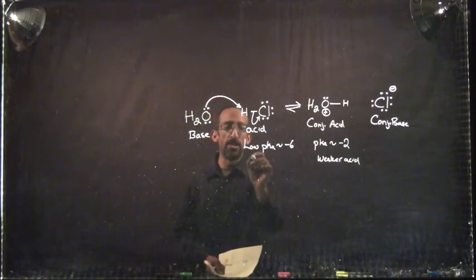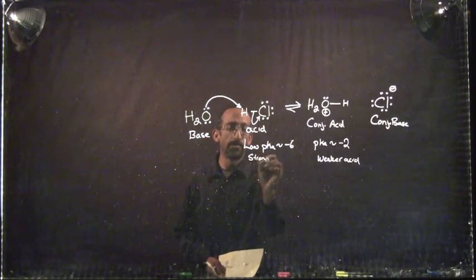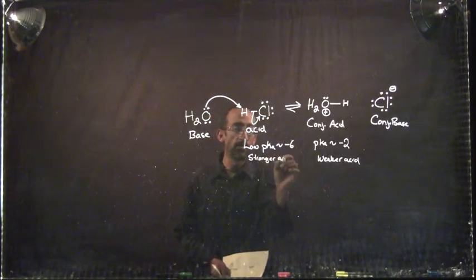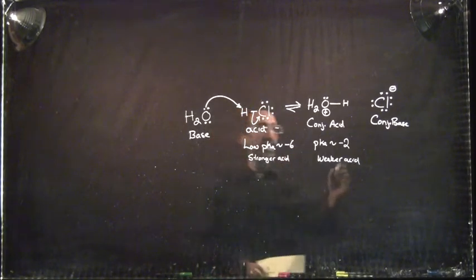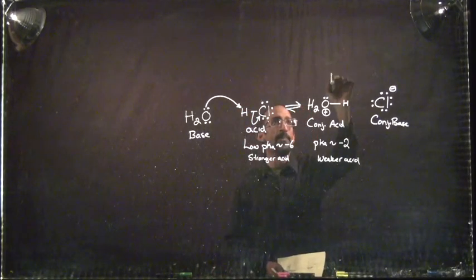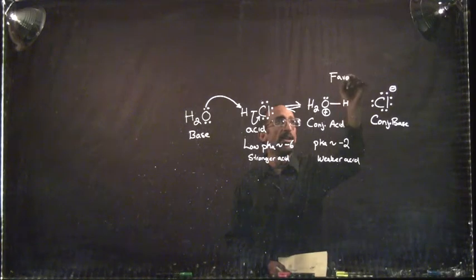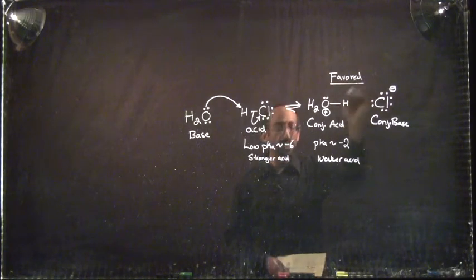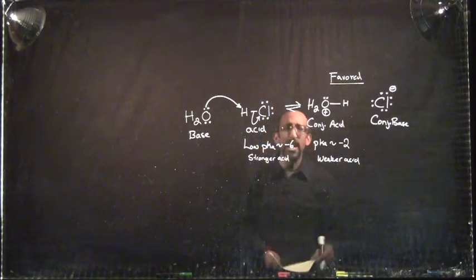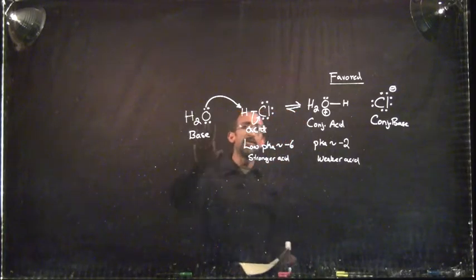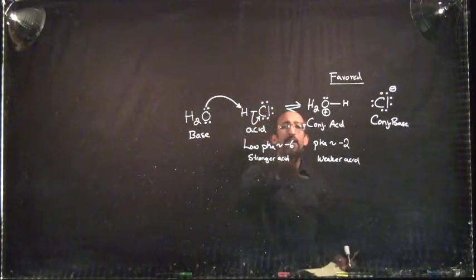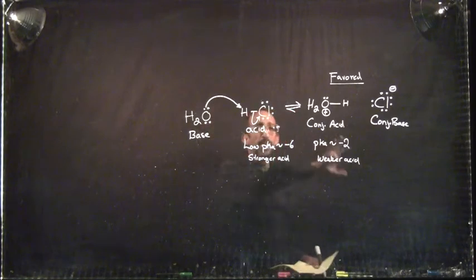HCl is our stronger acid. And we can say that this side of the equilibrium is favored.